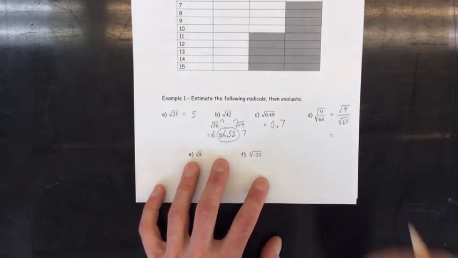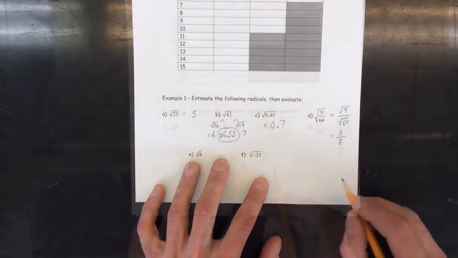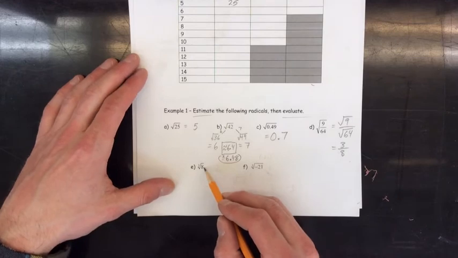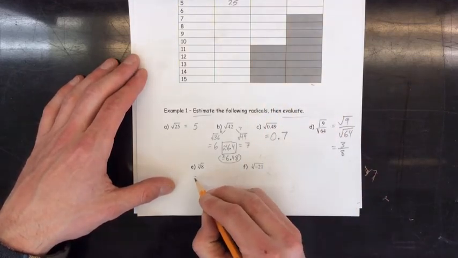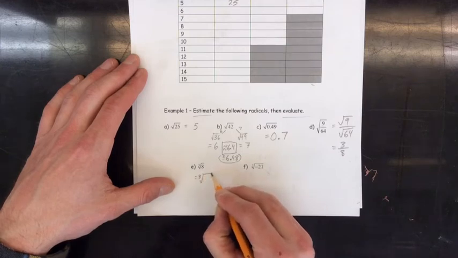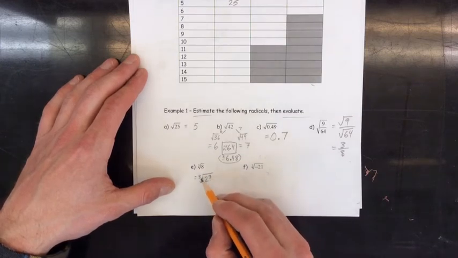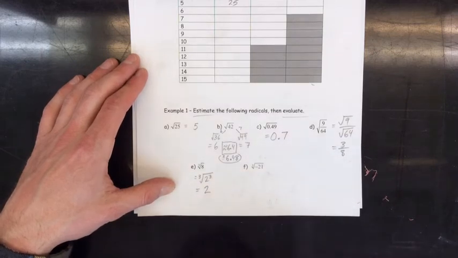Both of these are perfect squares, so the square root of 9 is 3, and the square root of 64 is 8. When we look at E, we're trying to find the cube root of 8. And if we look in our chart, 8 is the same as 2 cubed. So the cube root of 2 cubed, well, those are inverse operations, and this is just 2.